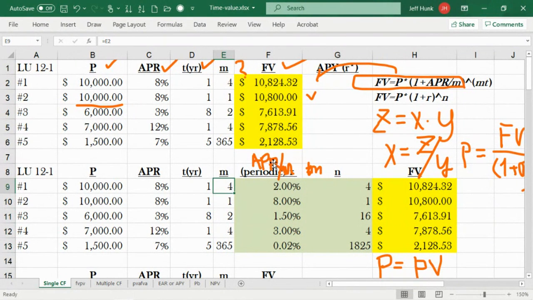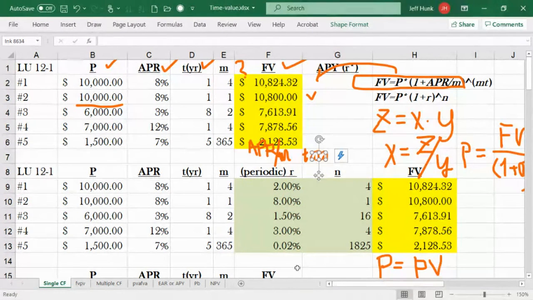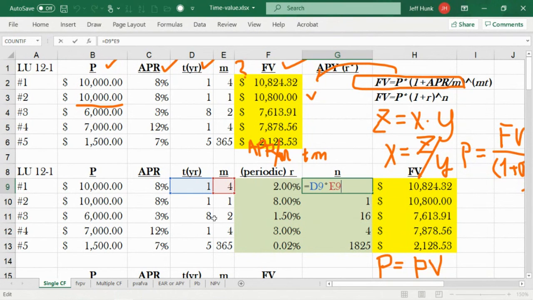Under certain circumstances, we found the periodic rates because that's what is actually applied every compounding period. And over 1 year with quarterly compounding, how many compoundings actually happen? 4 times, right?